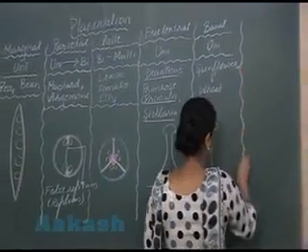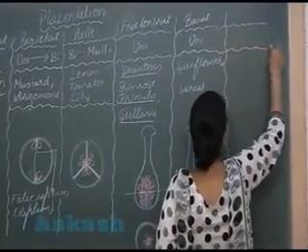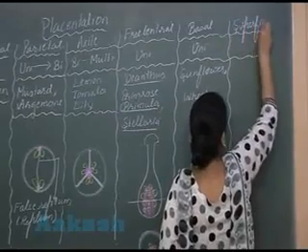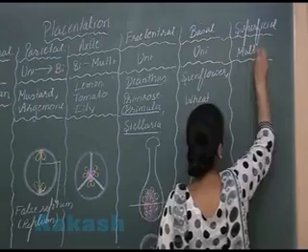Now the last condition, that is the superficial. Superficial placentation के अंदर, now the ovary is multilocular.